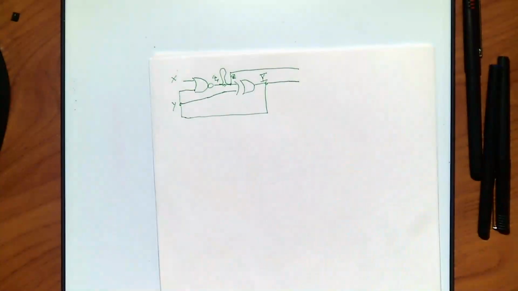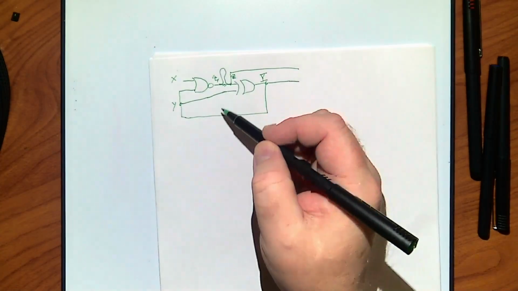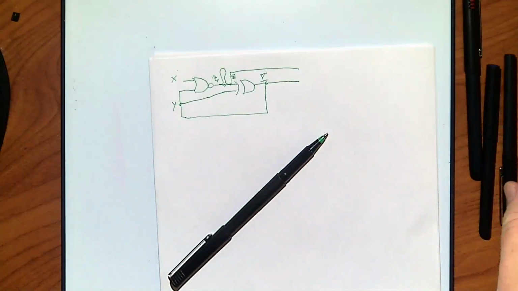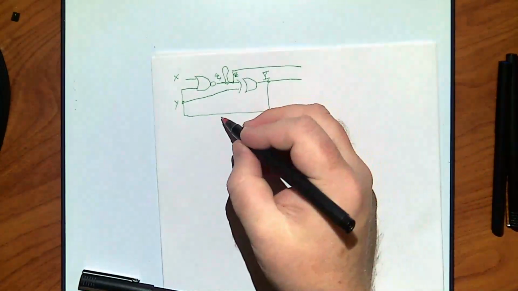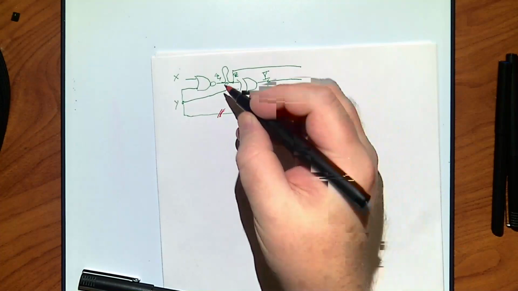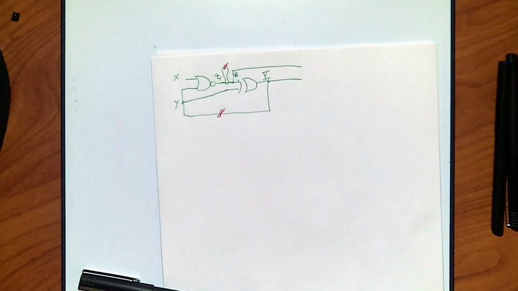All right, we good with the basic setup of the circuit? I've labeled them because I am allowing some time delay. For purposes of analysis, I'm going to break the wire at that point between the output and the gates. I'm not going to really do it, but I'm going to consider it broken, separated.